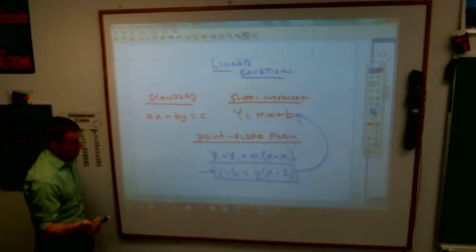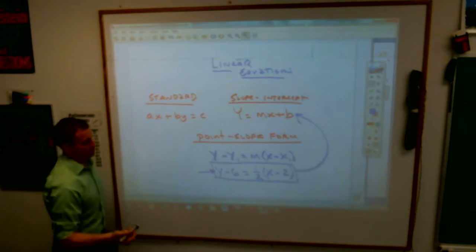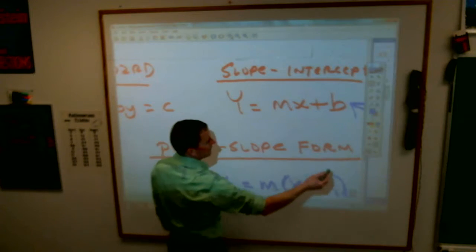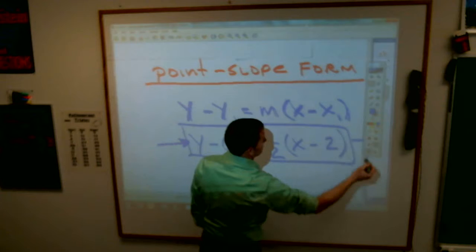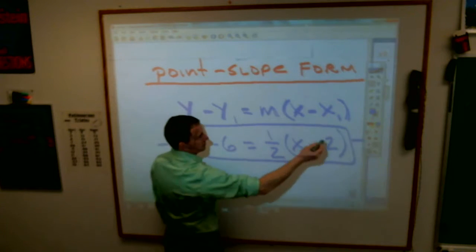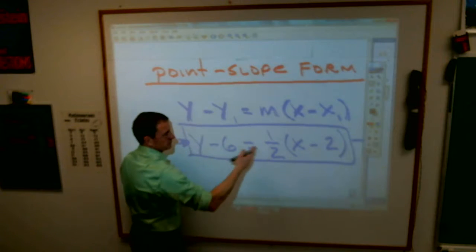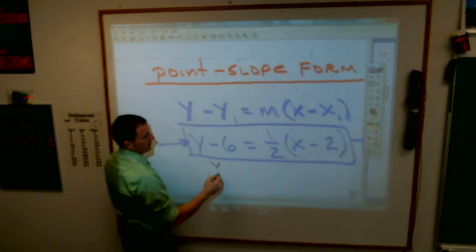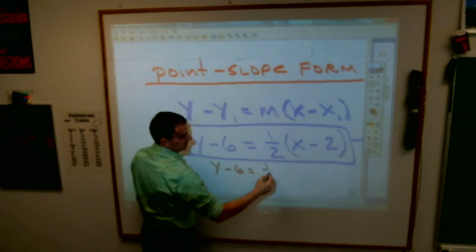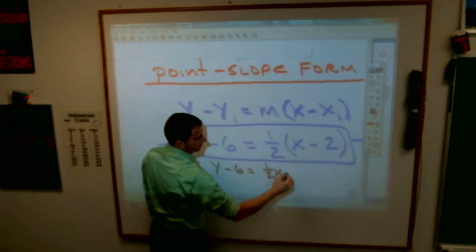How, you ask? Somebody could answer that. I'm surprised you even asked that. Just solve this equation for y. I got y minus 6 equals, distributive property gives me 1/2 x minus 1, right?